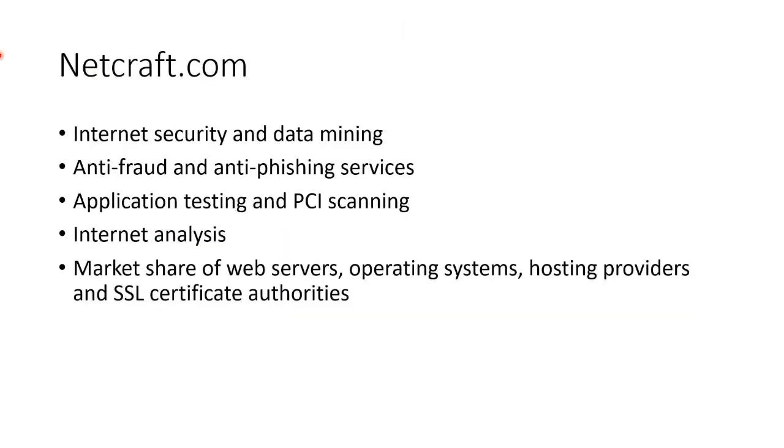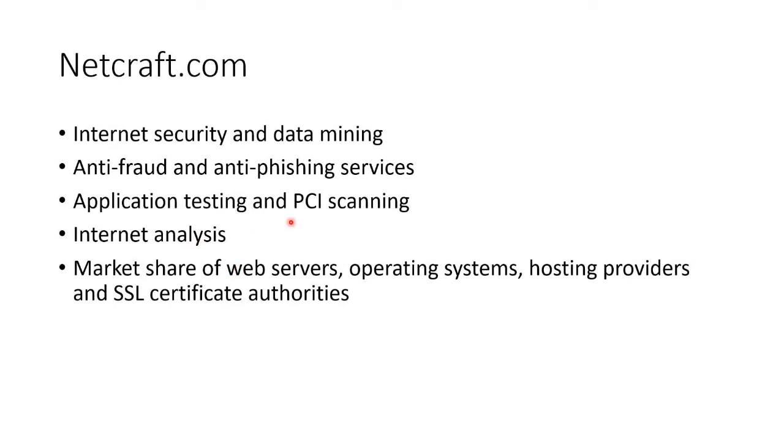Another one, Netcraft. This is actually a legitimate company. They provide anti-fraud, anti-phishing services and internet security and data mining services. But you can use that information also. They'll do application testing and PCI scanning for compliance and internet analysis.